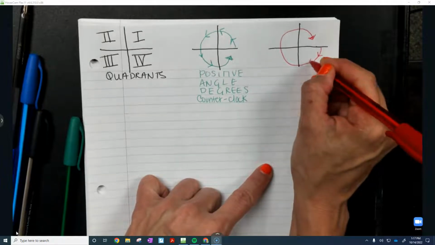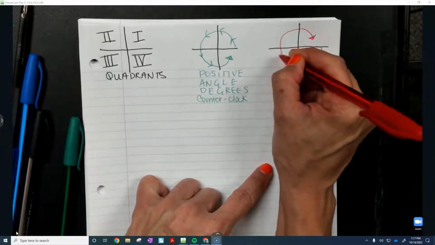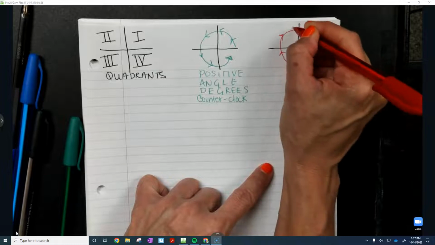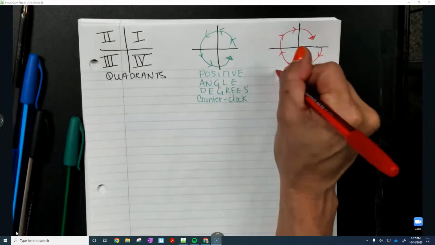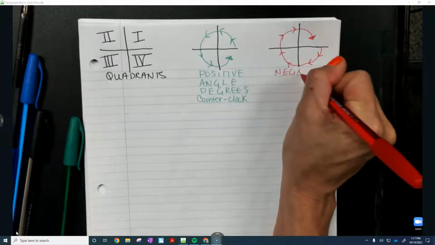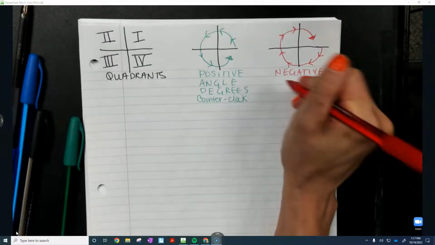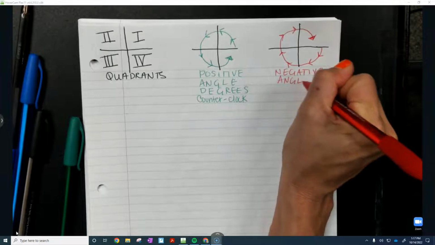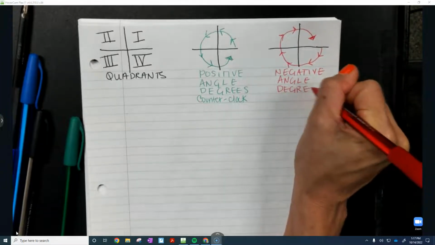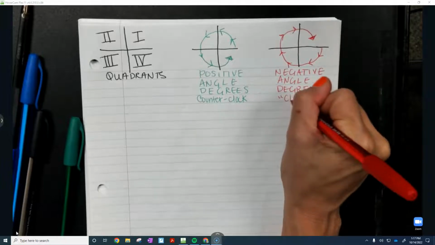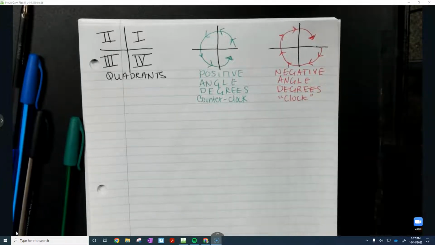So if I go below to try to construct an angle, those degrees for whatever angle I'm constructing are negative. And y'all, that's clockwise, just like a regular clock turns its seconds. All right, so all of that's just been a little baby review for you.